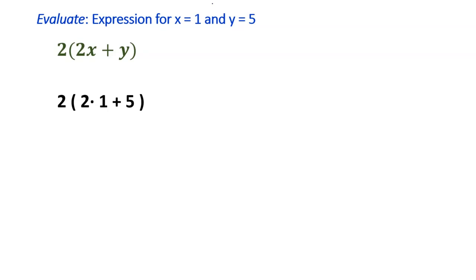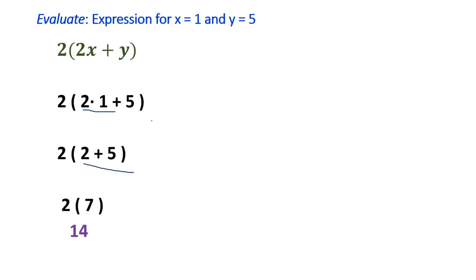Obviously, I have to take care of the parentheses first, and I'm going to multiply first. That will give me 2 times 2 plus 5. I'll still take care of the parentheses first, so I'm going to add 2 plus 5. That will give me 7. And the final result, multiplying 2 and 7, that will lead to 14.